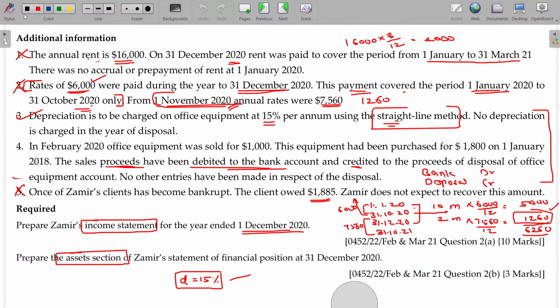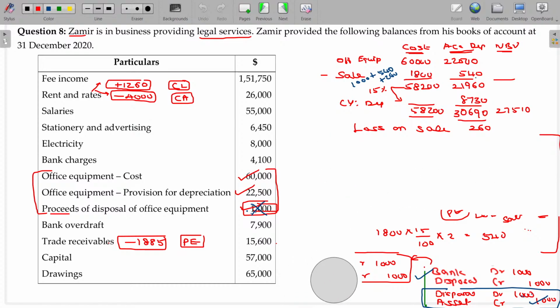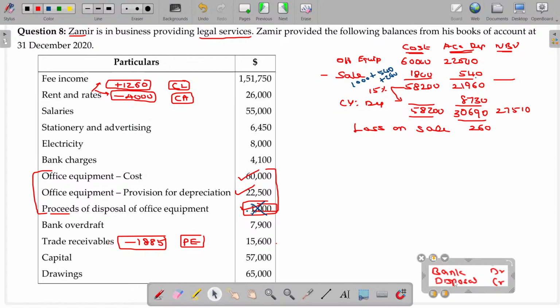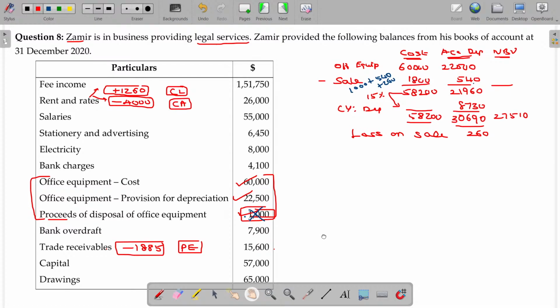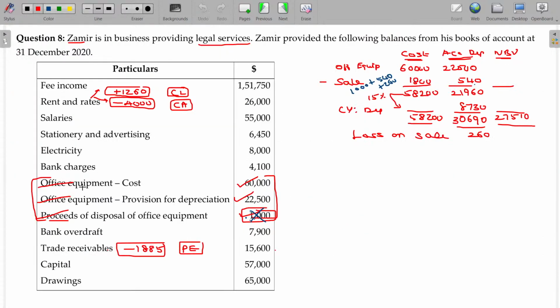Okay. So we have completed all this posting. You need to prepare the income statement and asset section. I think I can now erase all these things. So I have cancelled, so that we will now be able to understand the required items only. These are the asset related, so we have adjusted the final asset value being this one. Do we have any other assets? No. Apart from that, we have the trade receivable asset.